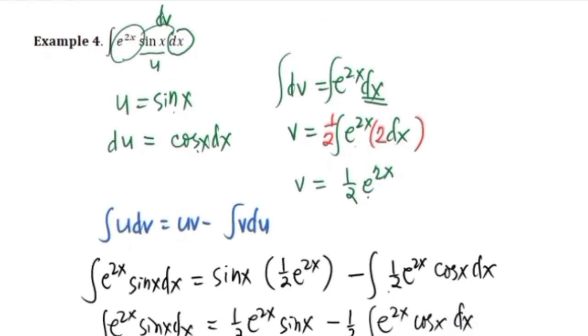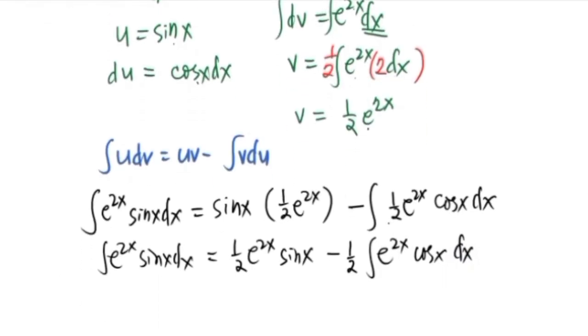So again, yung sinabi ko kanina, since we let the trigonometric function as our u and the exponential as our dv, dapat consistent tayo. So dito, siya pa rin si u, and dv naman, ito si e to the 2x dx.